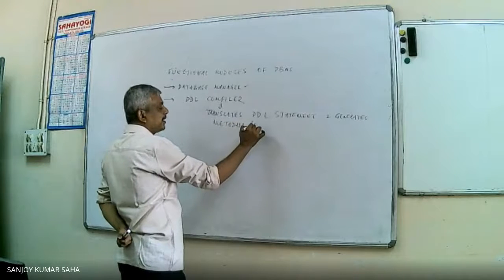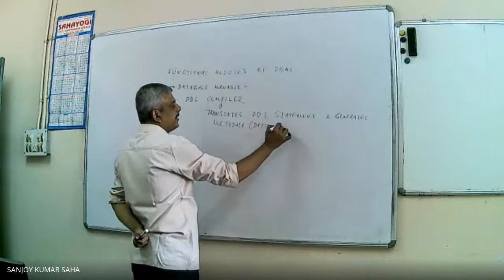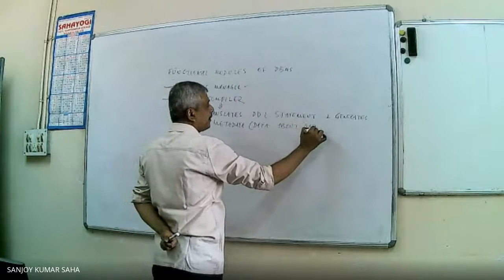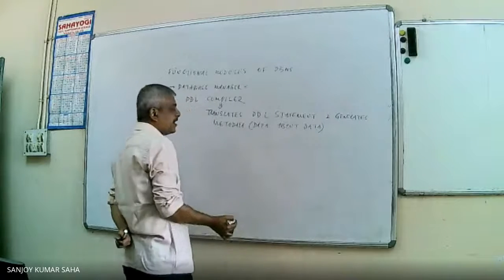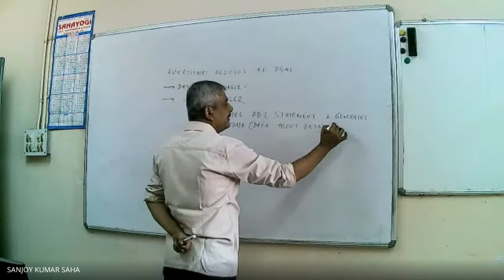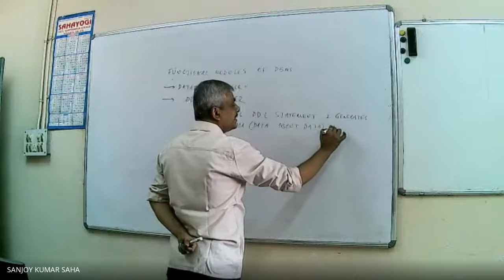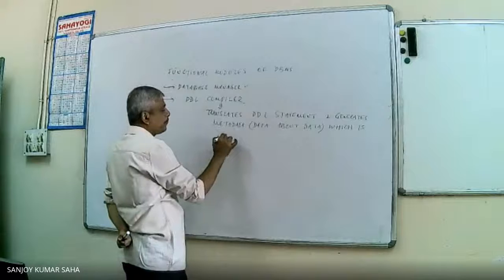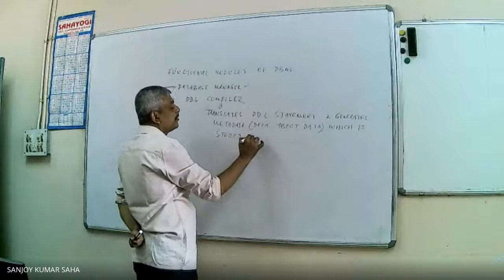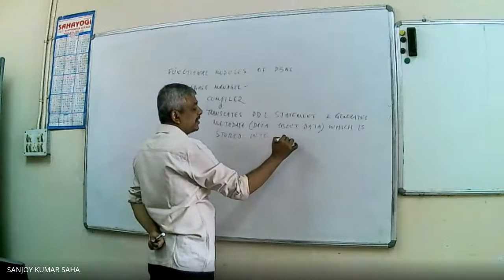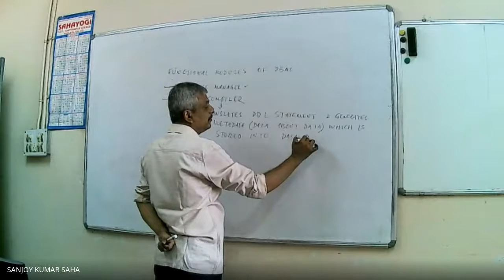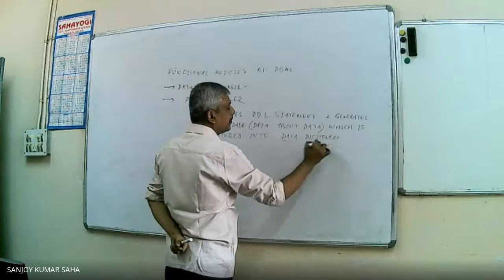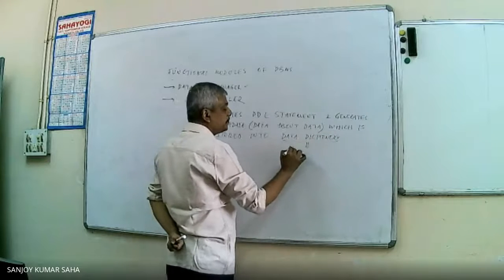Metadata I will explain as data about data, information about data, not the actual data. It generates metadata, which is stored into the data dictionary. The data dictionary is part of the database. This is very important.